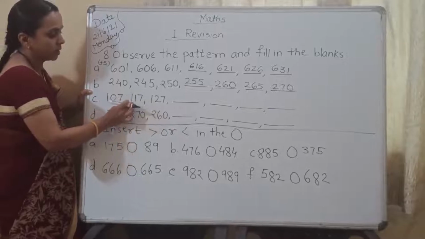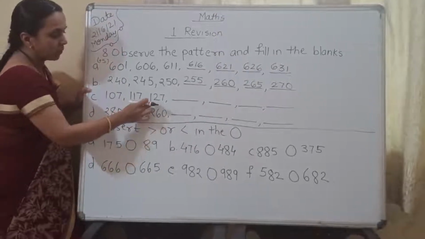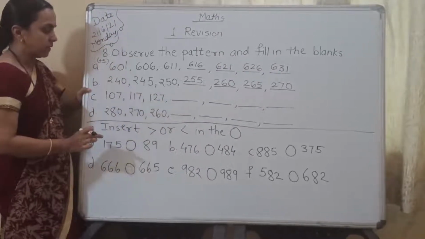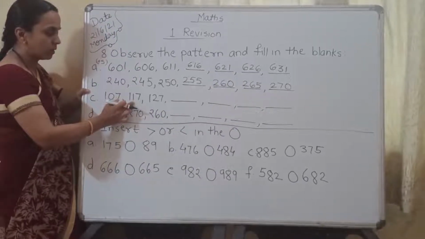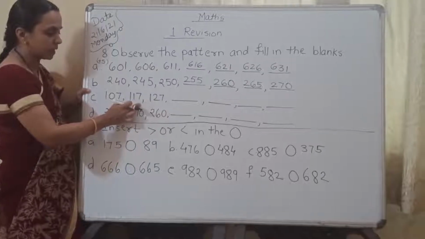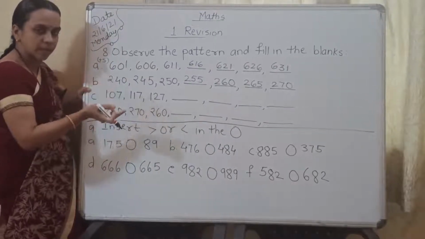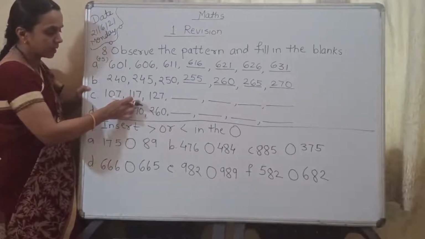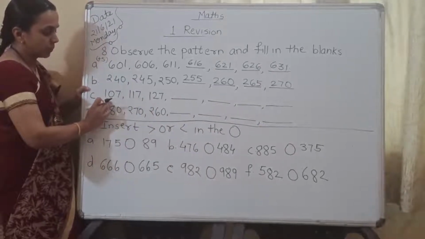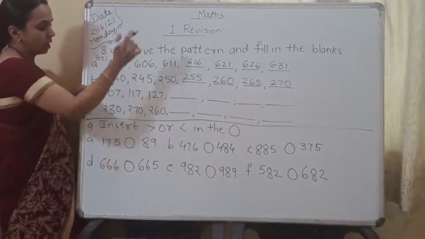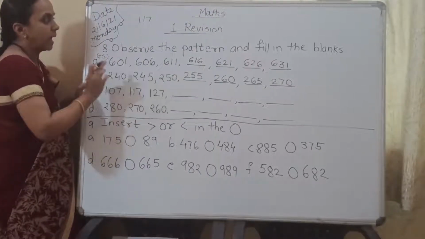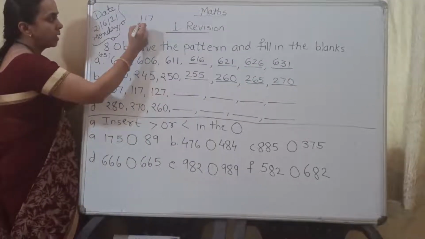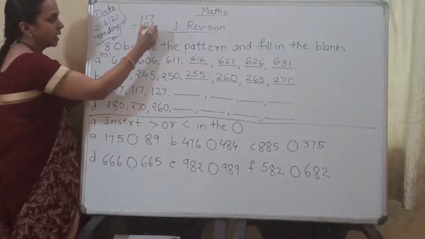107, 117, 127. So 107 plus how much equal to 117? 7 plus 10 equal to 70. Or if you don't understand what to do, what you can do? You write down the second number and subtract the first number from that second number.